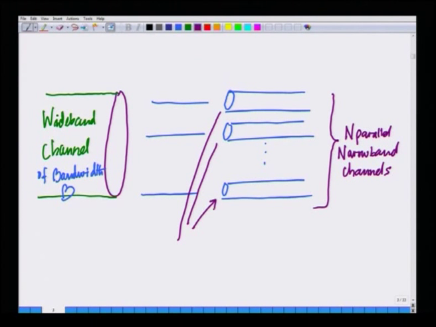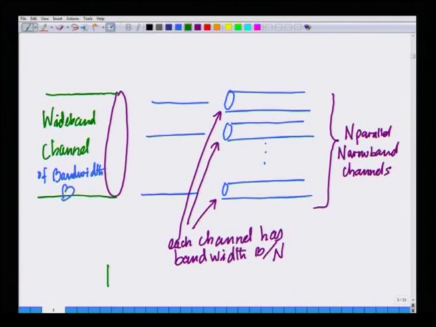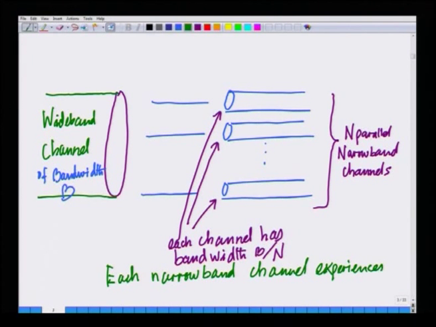Each channel has a bandwidth B by N, and each is essentially a narrowband channel, and each experiences flat fading.